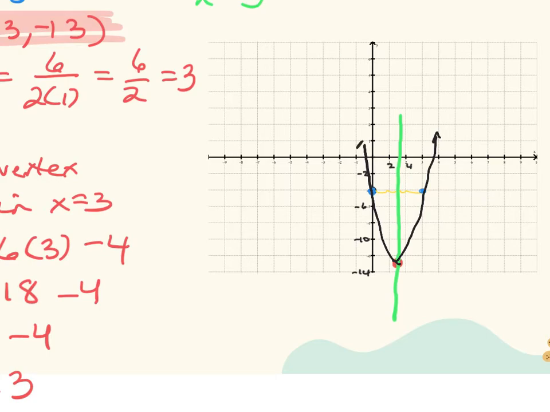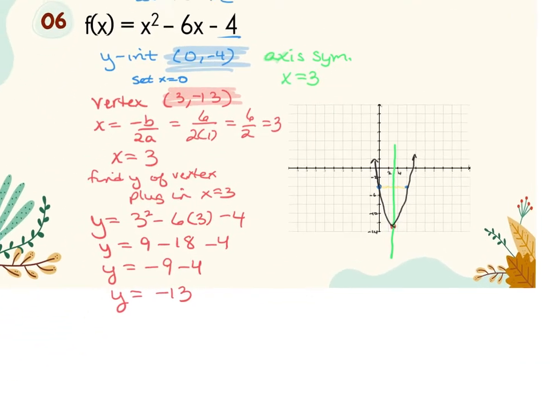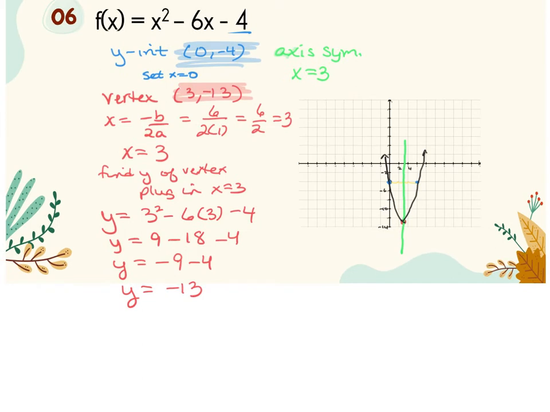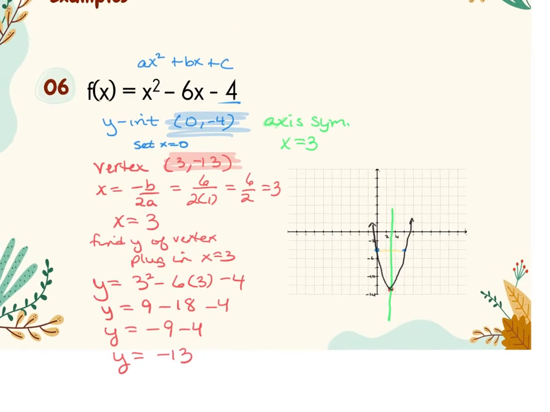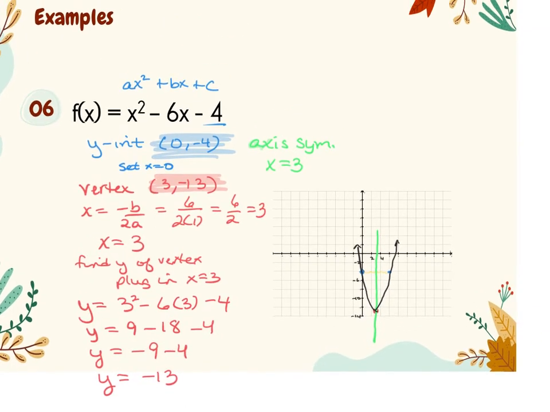And now let's find the x-intercepts. Now, for this problem, when it's in this quadratic form, remember to get x-intercepts, we set y equal to 0. So we're doing 0 equals x squared minus 6x minus 4.